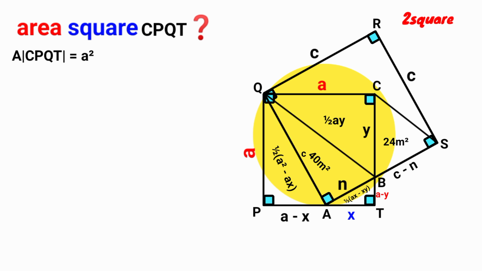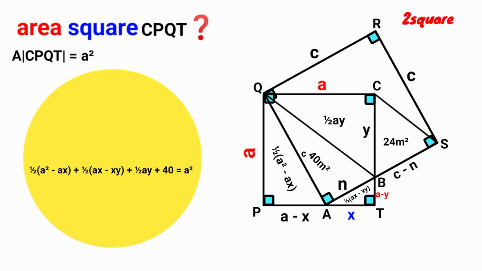Definitely, the summation of their areas will be equal to the area of the square. The summation of their areas is the sum of this, this, and this, and the area of the square is here. So therefore 1 over 2 into bracket A squared minus AX plus 1 over 2 into bracket AX minus XY plus 1 over 2 AY plus 40 equal to A squared.